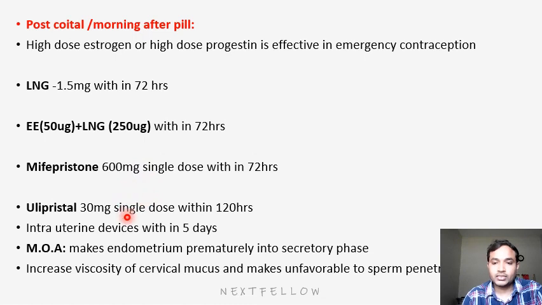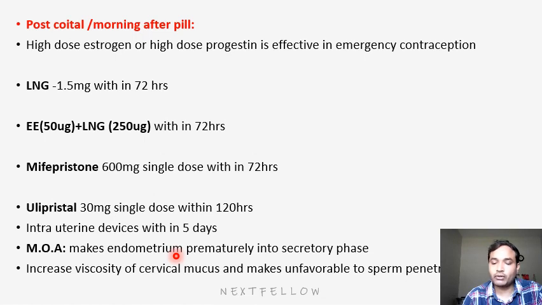How do these drugs act? What is the mechanism of action? These drugs will make the endometrium prematurely enter the secretory phase. That means there are two phases, right? Proliferative and secretory phase. When the secretory phase is brought forward, uterine secretions will become very thick. So what will happen?